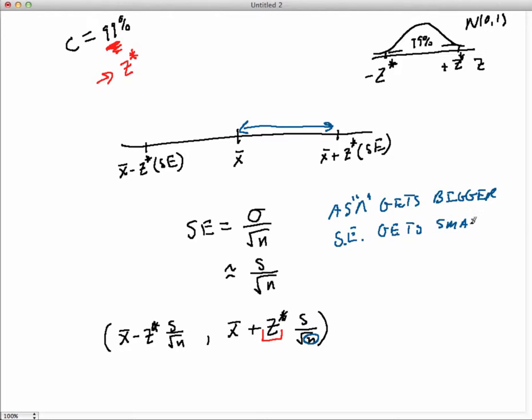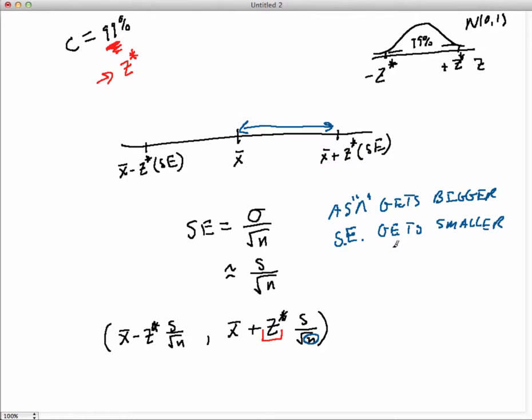In other words, the larger the sample size, the less standard error there's going to be. Intuitively, that makes a lot of sense because the more data you have, the less variability there should be in your estimate of a parameter. You should have a better sense of what the parameter is the more data you have. In this case, the parameter we're trying to estimate is the mean. We're trying to estimate mu using x bar.